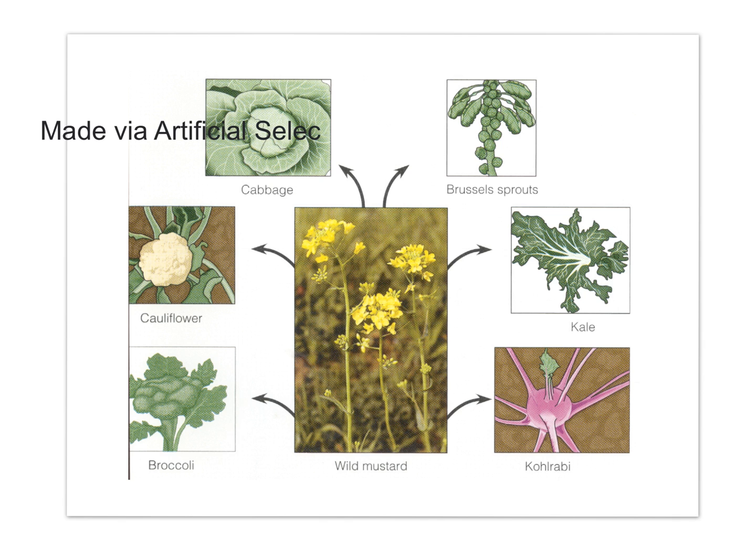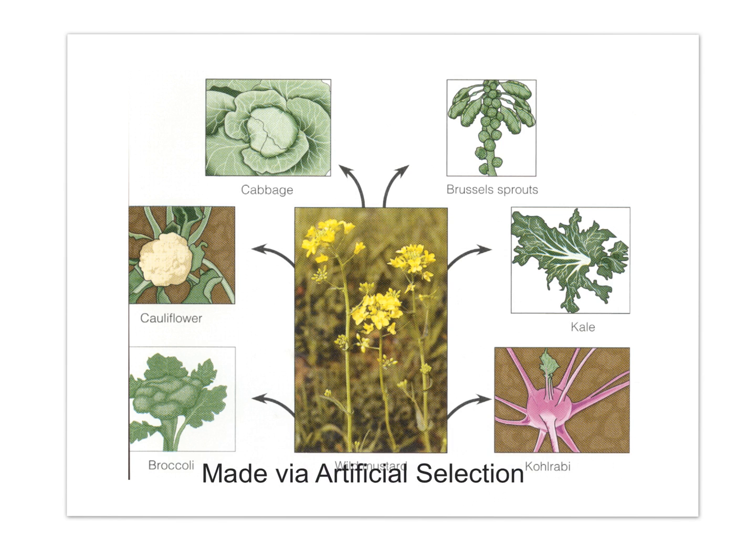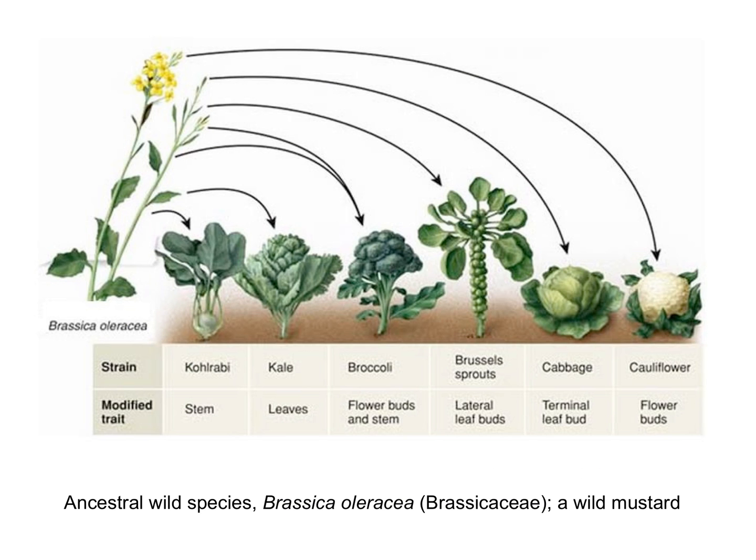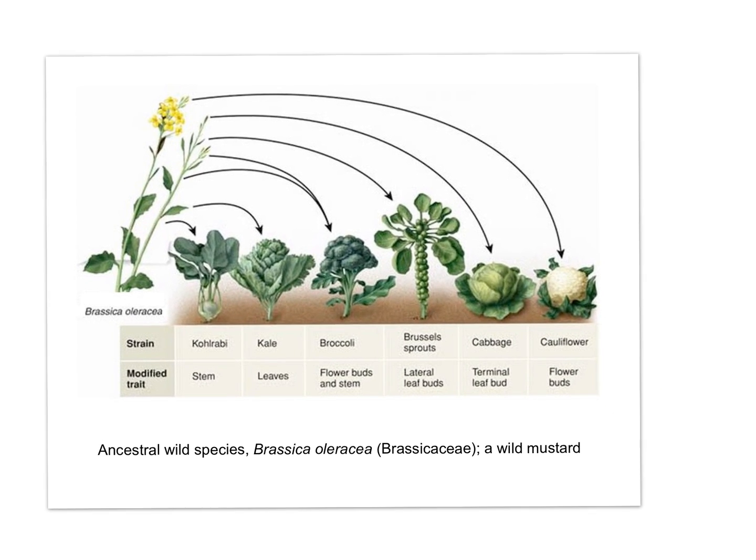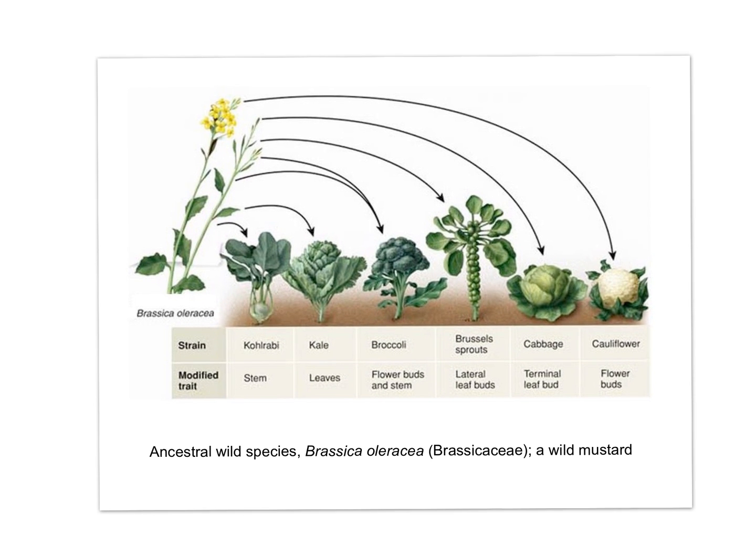Okay? So here's the same diagram showing the same kinds of things from this wild ancestor over here, this mustard, come these more familiar plants and the parts that are accentuated and chosen by people. And we'll talk about really what's going on here, but you can kind of see what's going on here already.